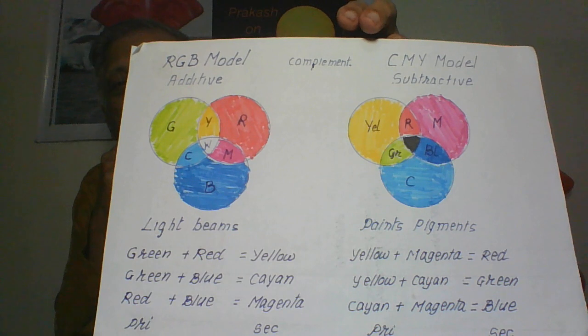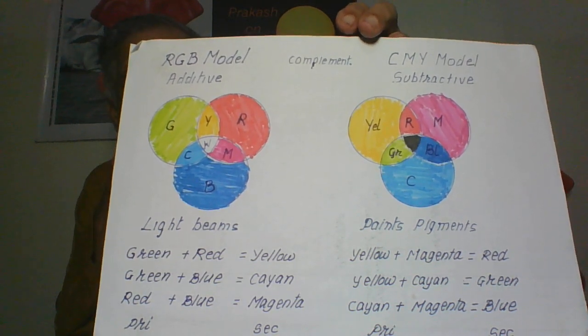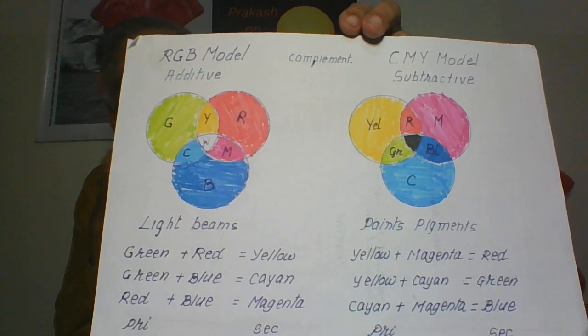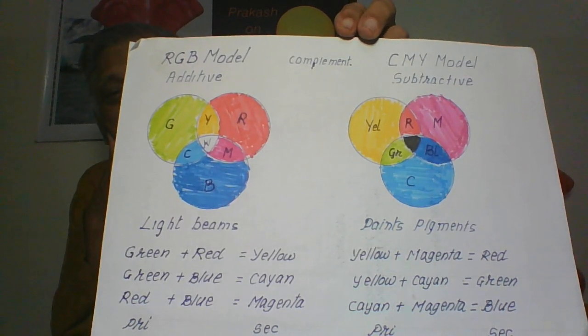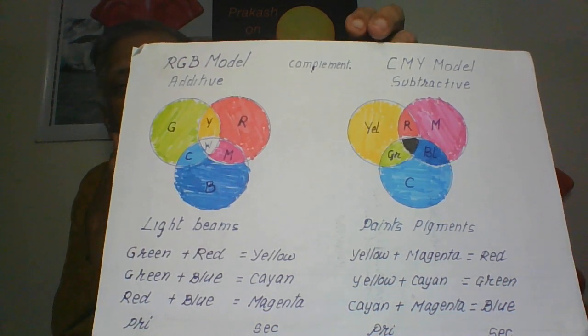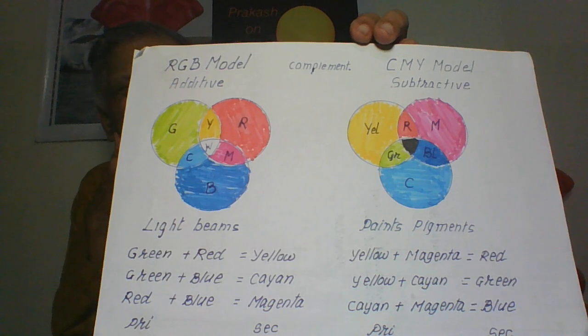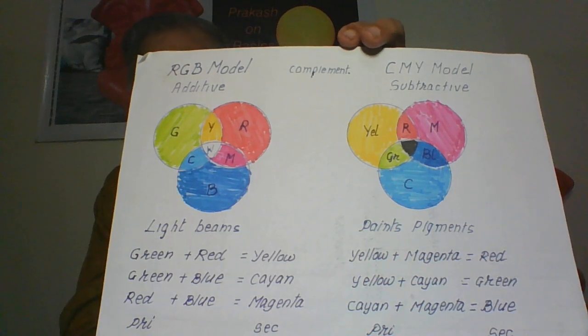RGB, when all three of them are mixed in equal proportion, results in white light on the screen, as I mentioned last time. While with CMY, when you mix all of them together, ideally you are expected to get black, but it really does not work out that way, and it turns out to be a muddy, darkish brown color that you tend to get.